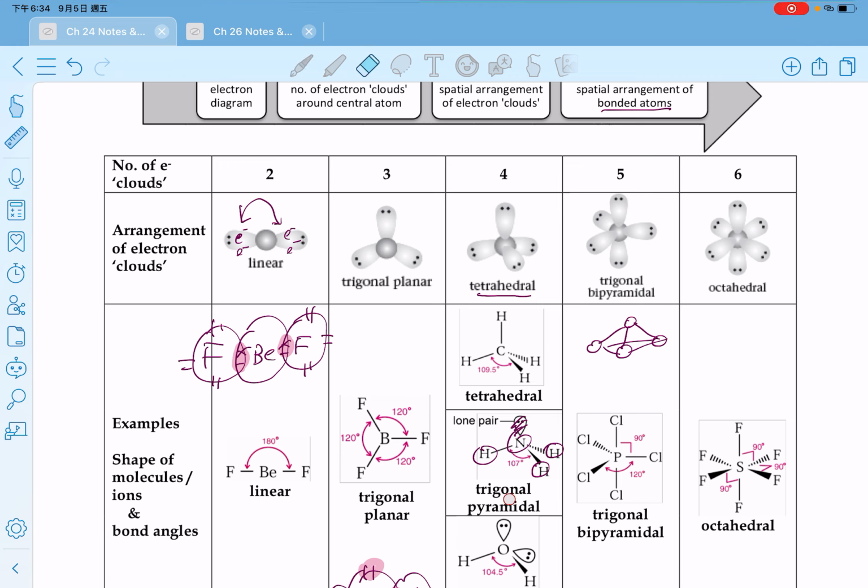Hence, we will say that it is trigonal pyramidal. We don't need to think about the lone pair because we cannot see any atoms in the lone pair, so we can neglect it, and we just need to count the bond atoms for the spatial arrangement. As a result, this is trigonal pyramidal.